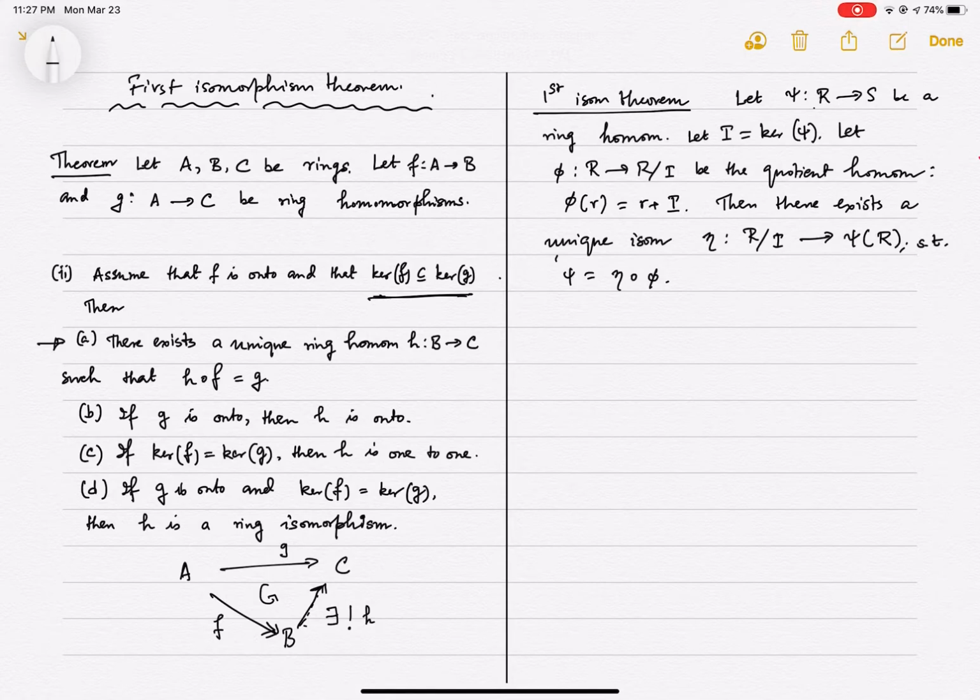Alright, so let me draw the diagram, and that would say a lot more. Proof. First of all, note that this I, which is a kernel of a homomorphism, is an ideal in R. This means two-sided ideal.